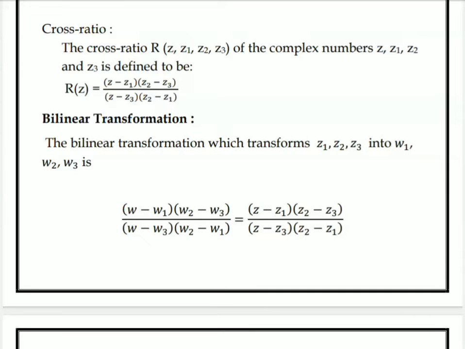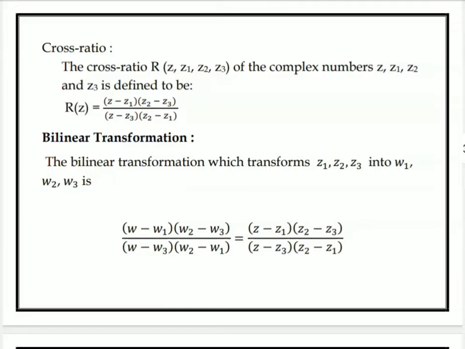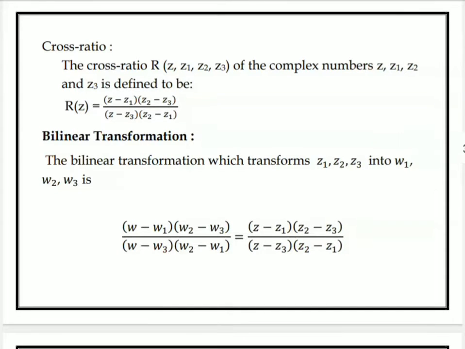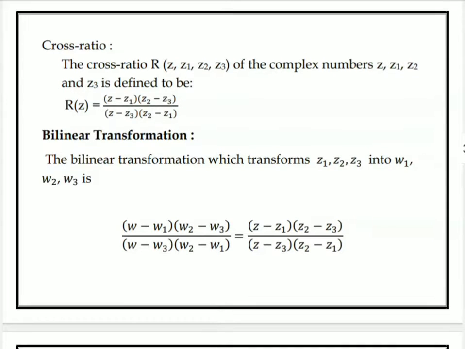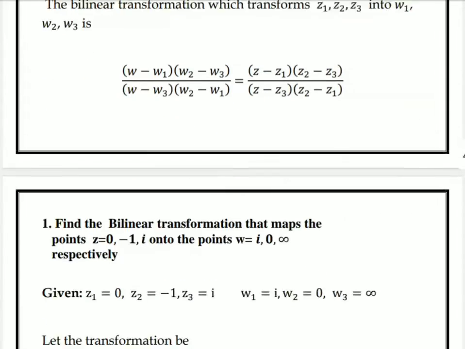The bilinear transformation which transforms z1, z2, z3 into w1, w2, w3 is (w - w1)(w2 - w3) divided by (w - w3)(w2 - w1) equals (z - z1)(z2 - z3) divided by (z - z3)(z2 - z1).